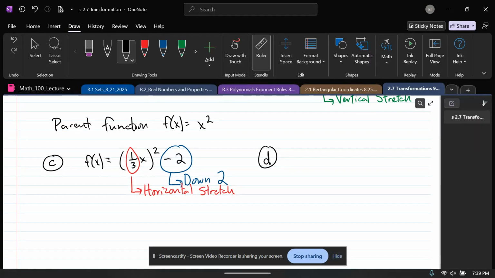Let's do another one. Let's say we had f of x equals negative 1/2 x minus 5 squared plus 10. This one has 1, 2, 3, 4 things happening to it. The positive 10 is up 10. I'm with you there. Good.